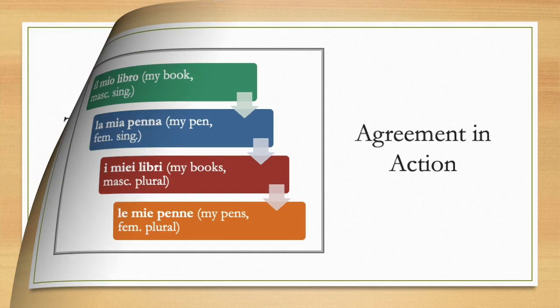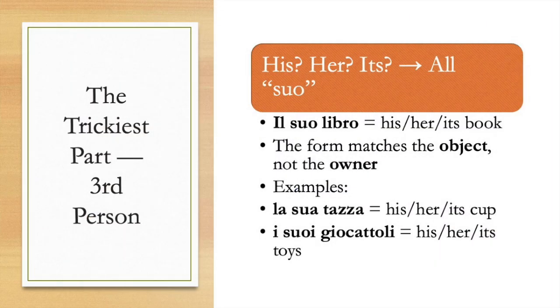So, for example, you can use suo to translate his, her, and its if you refer to a singular masculine noun. So, for example, il suo libro could mean his book, her book, or its book. How do you know that? It depends on the context.